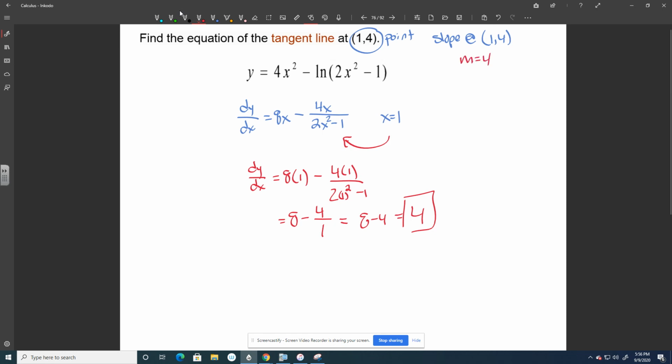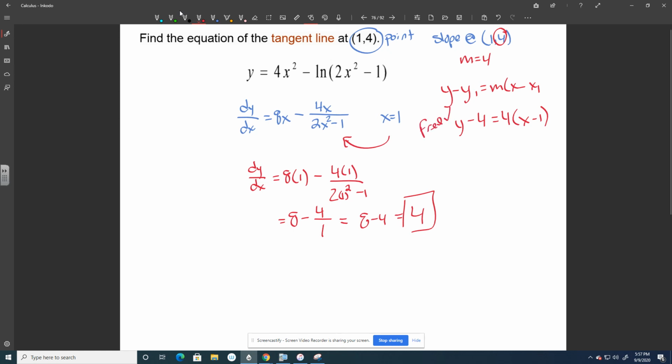So now I can just plug it into that formula. y minus y1 equals m times x minus x1. So y minus my y1, which is 4, equals my slope m times x minus x1, which was 1. And on a free response, that's great right there.